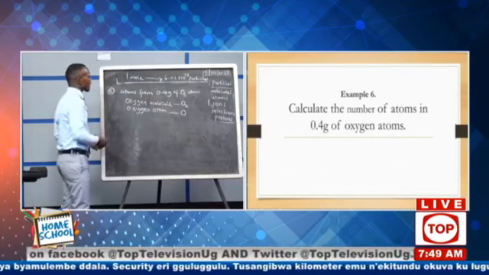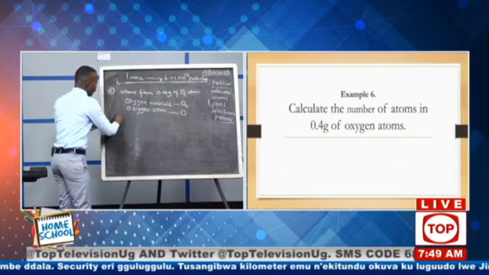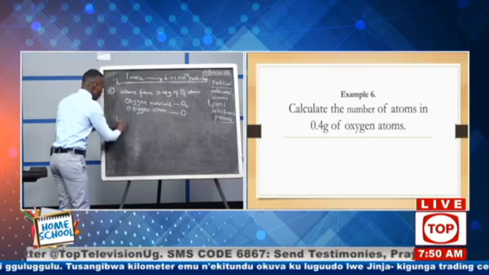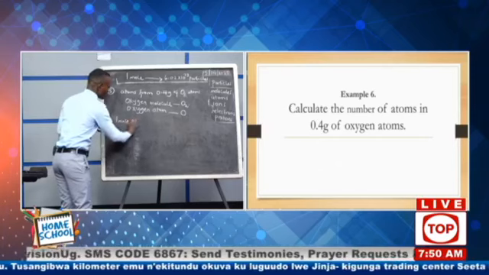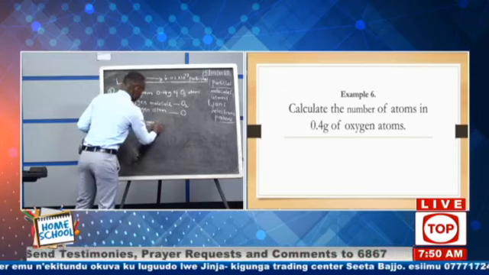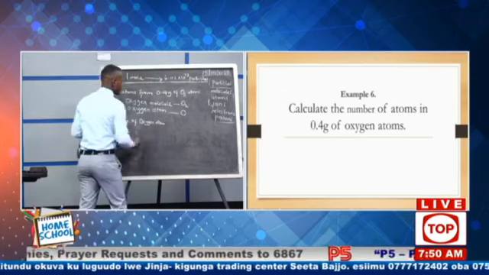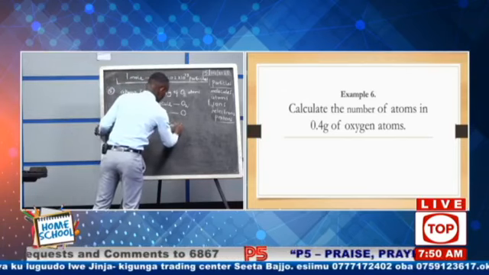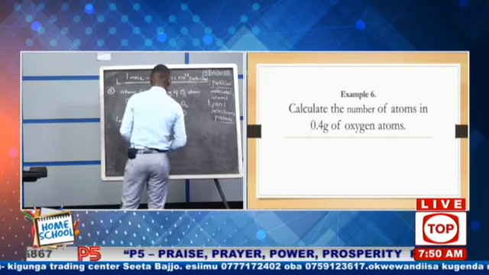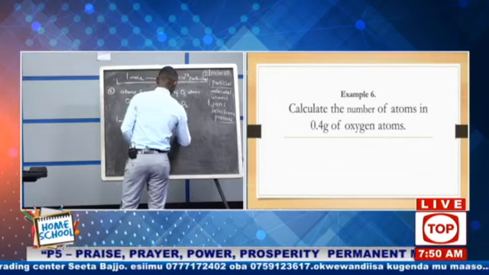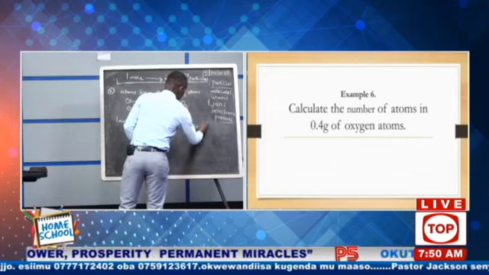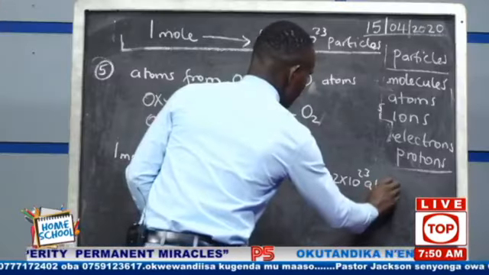So we go back and say if 1 mole of oxygen atom contains 6.02 times 10 power 23 atoms.